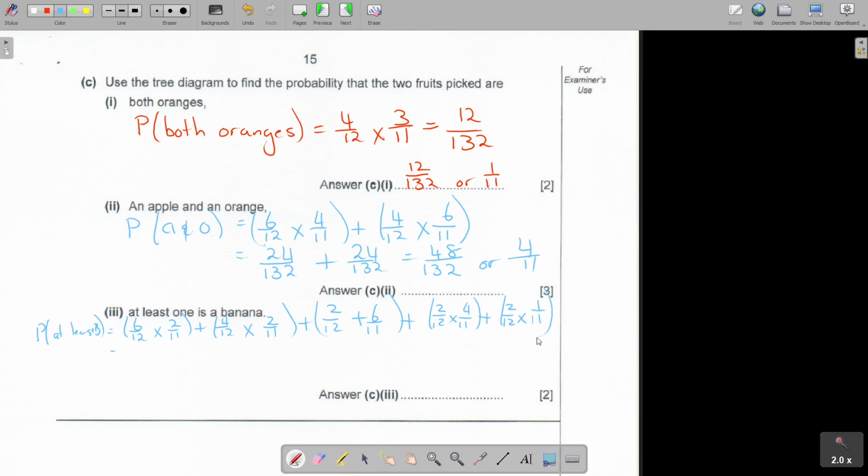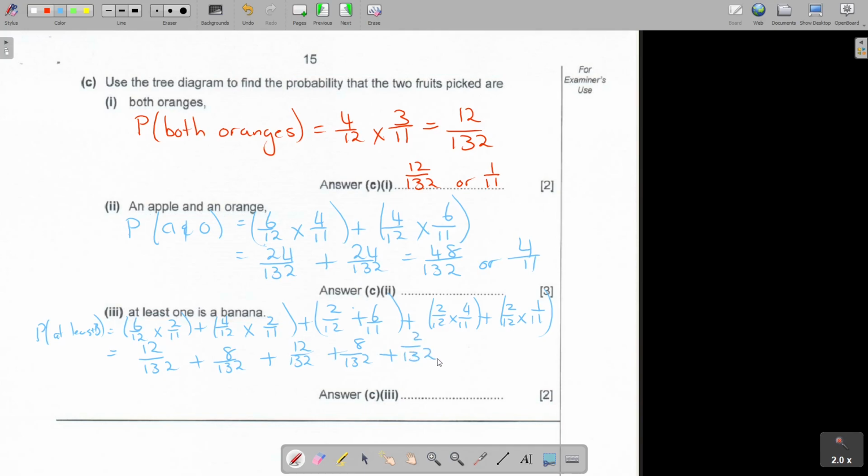Okay, and if I simplify, this is going to be 12 over 132 plus 8 over 132 plus 12 over 132 plus 8 over 132 plus 2 over 132.